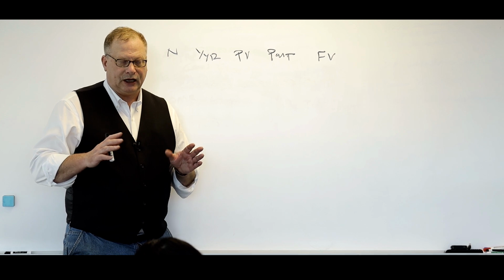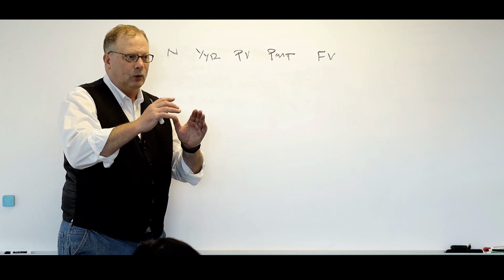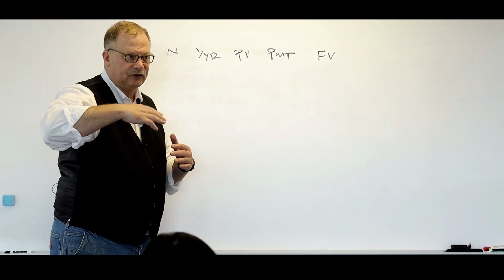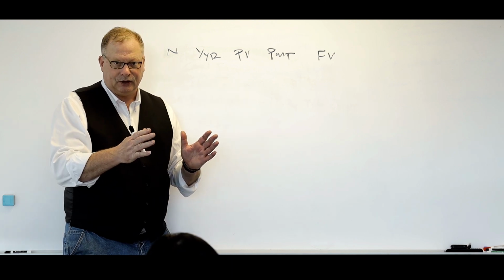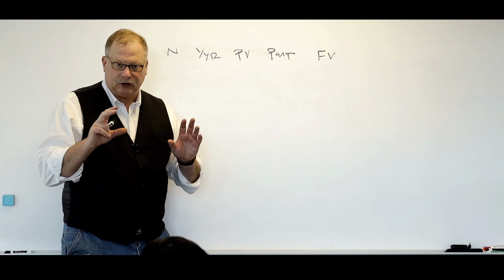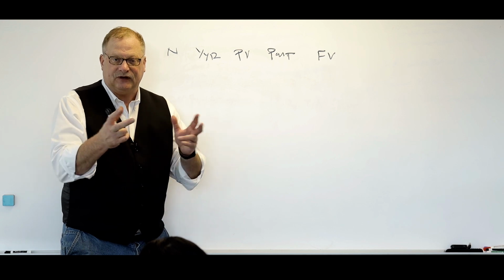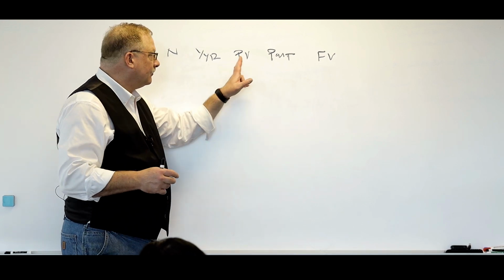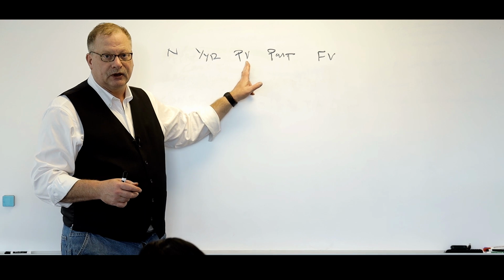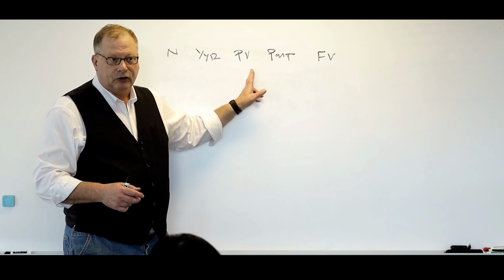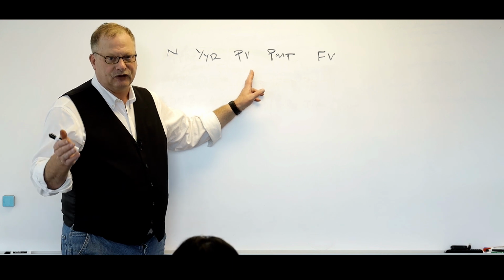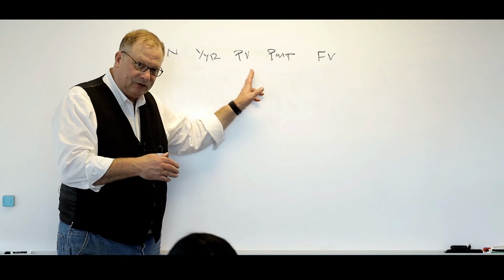If you are looking at a piece of property and wondering what will it be worth in the future if certain things happen, you would enter the price as the PV. So the context depends on the question, but the thesis is always the same. This is a lump sum that occurs once at the beginning. And if you are reverse solving for present value, you're doing a financial process called discounting. So if you're solving for PV, you're discounting.